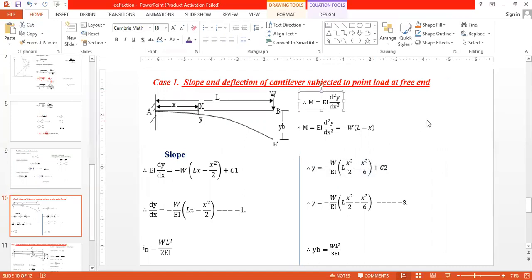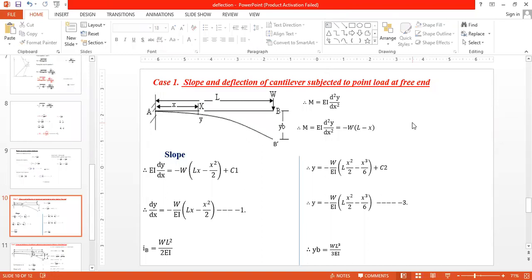Now you know, first integration of this equation is slope and second integration of this is deflection.